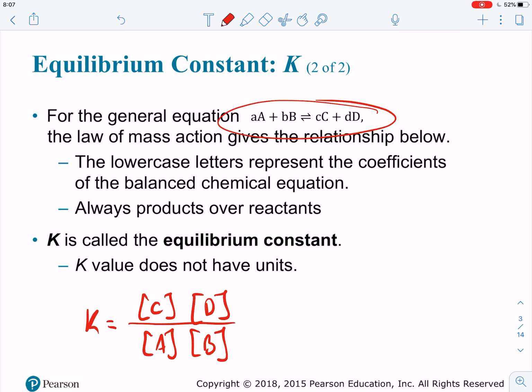Except that, let's slow down here, because this equilibrium constant is different from your rate law, in which you cannot determine the rate law based on the stoichiometry, except if you are working with elementary steps in mechanisms. When it comes to the equilibrium constant, then you use the stoichiometry of the reaction.